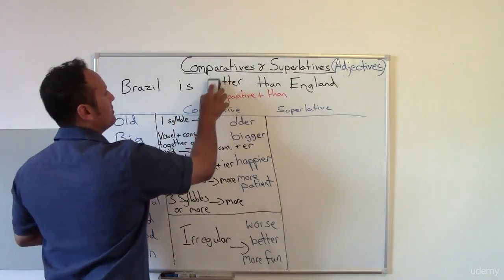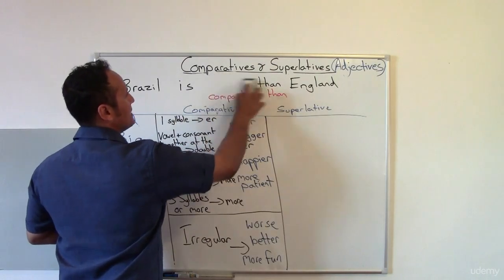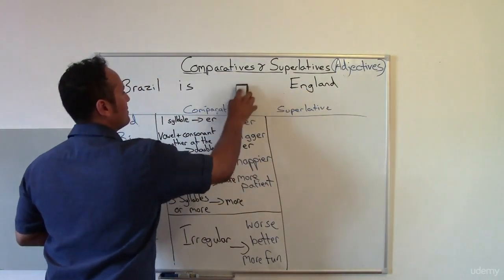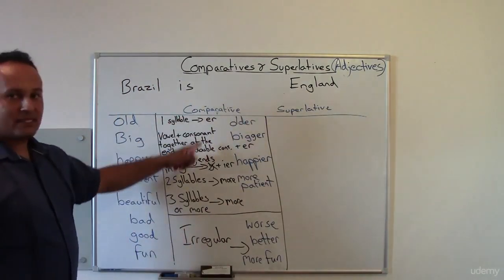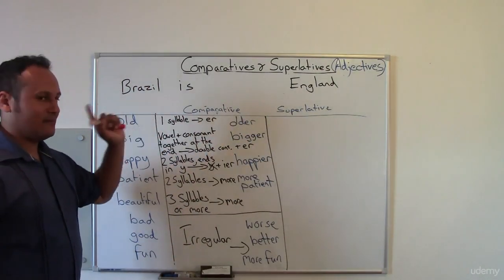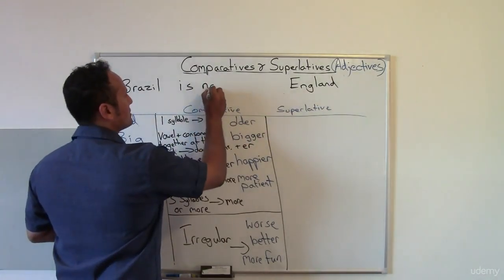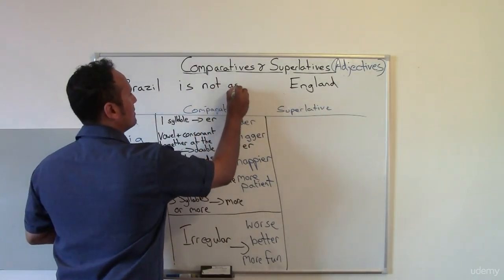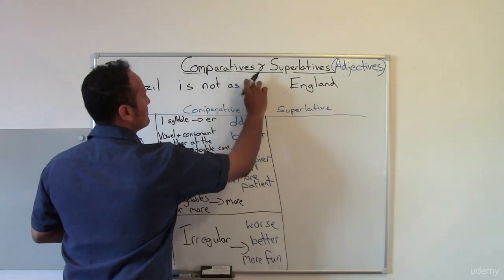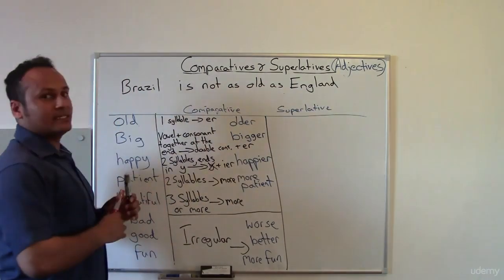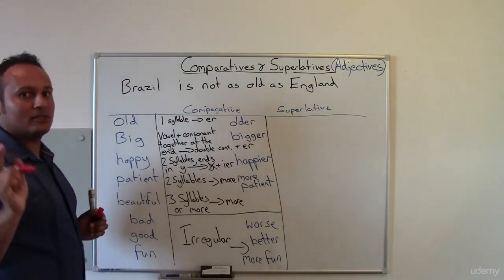So, pay attention here. If we want to use the negative, we do not have to use this. Follow closely. Brazil is not as old as England.